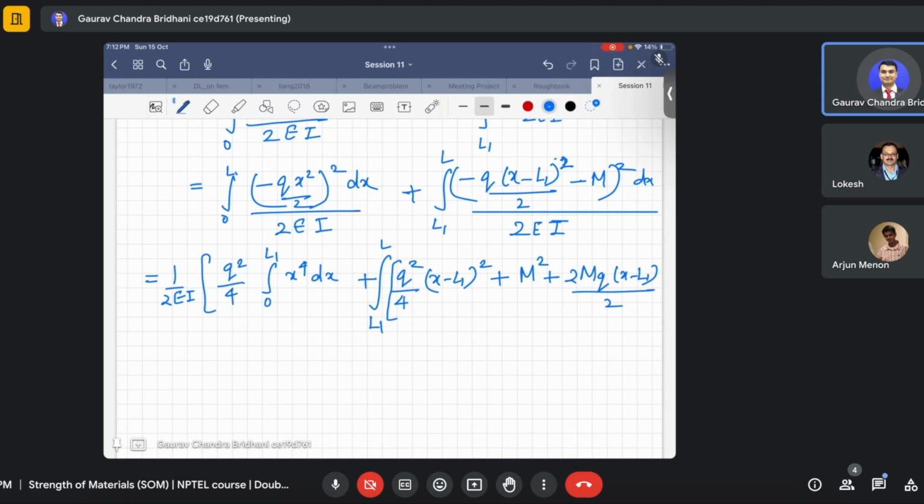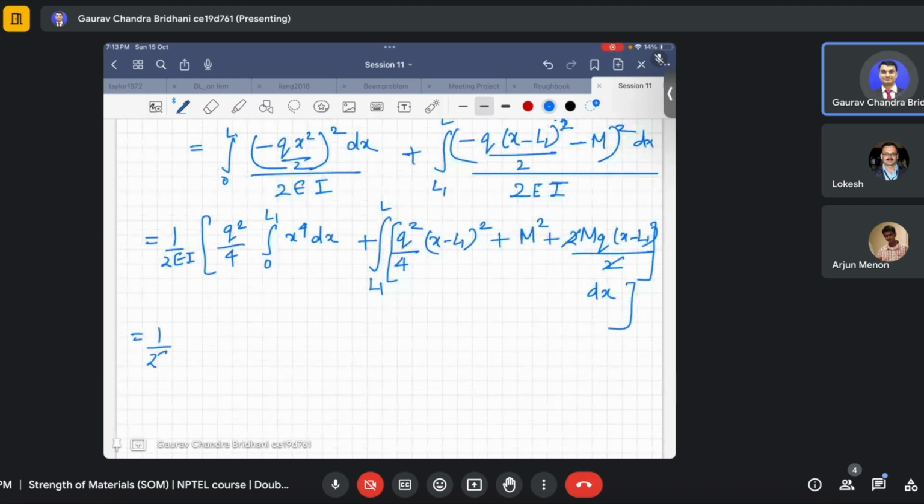I am just opening this bracket using the identity (a plus b) whole square, and I am getting this as the answer, and then I write dx. There is an integral for the whole, so this 2 gets cancelled.